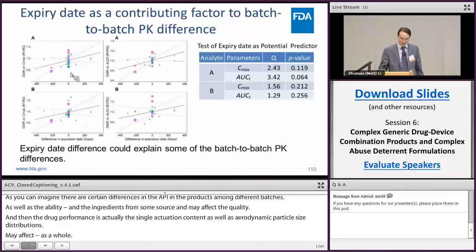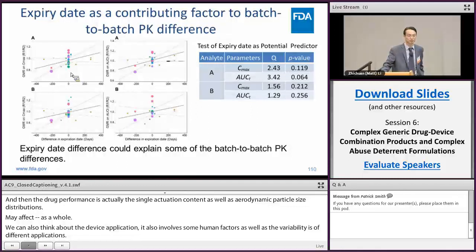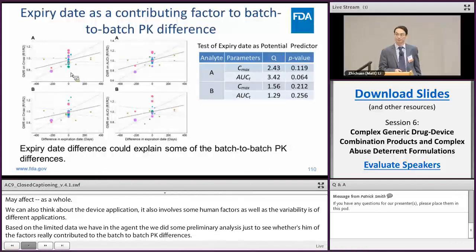Based on the limited data we have in the agency, we did some preliminary analysis just to see whether some of the factors really contributed to the batch-to-batch PK differences. As I showed in this figure, we took the differences of the expiry date between each batch tested in the studies, and then we plotted the geometrical mean ratio against that expiry date difference, and then we can look for any of the variabilities that can be explained by the expiry date.